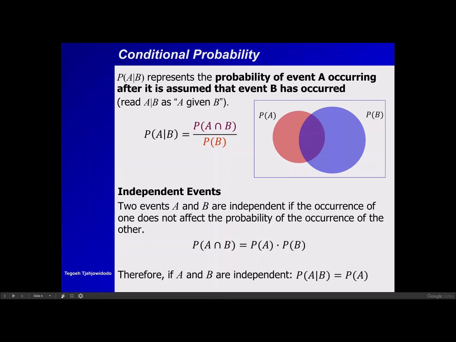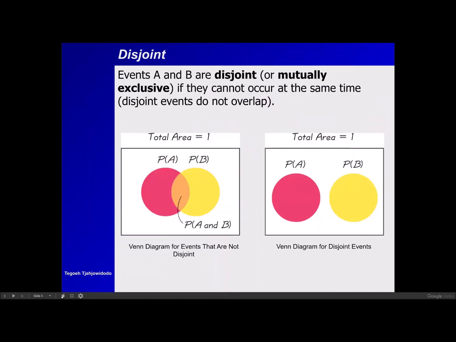Taking a case when we have independent events, we discussed these before. When two events are disjoint, when these two events do not have mutual overlap, we call it mutually exclusive.